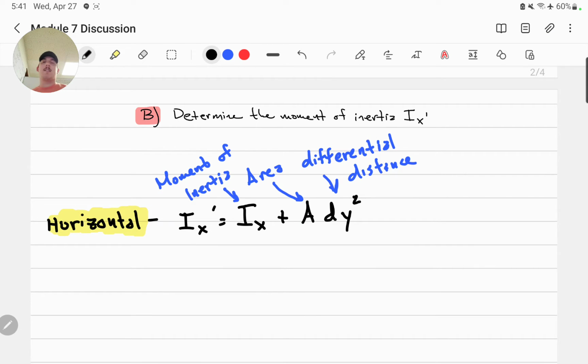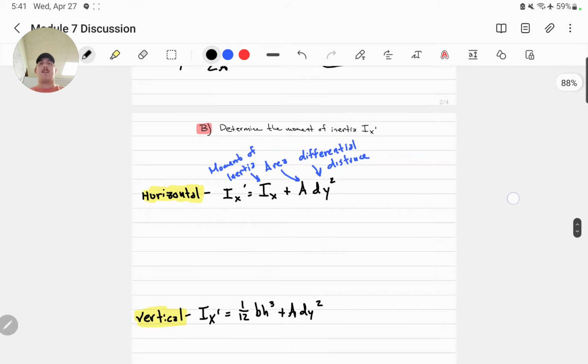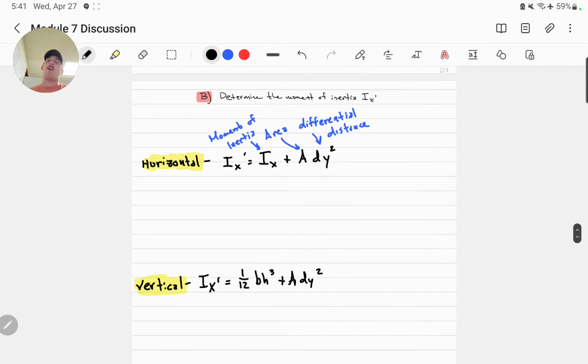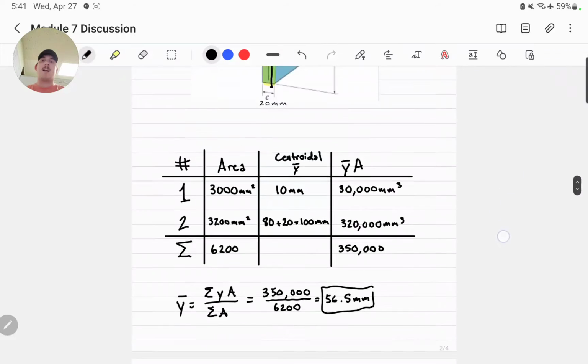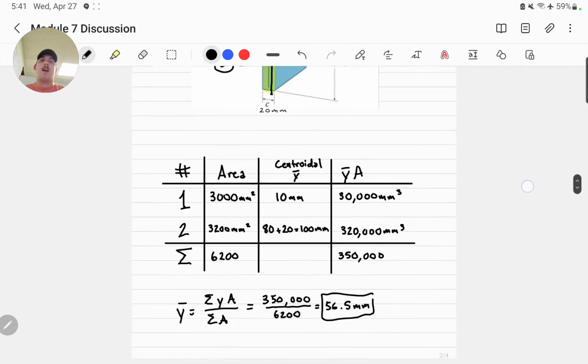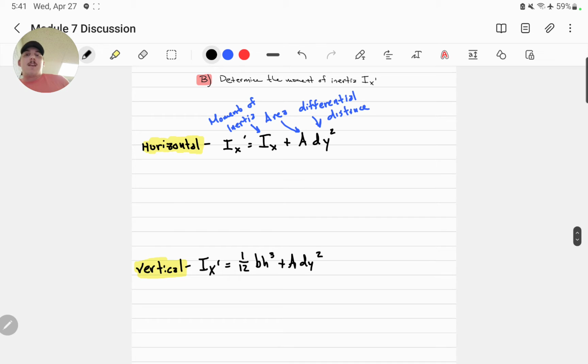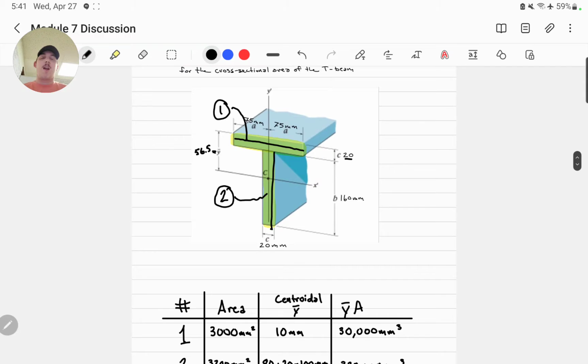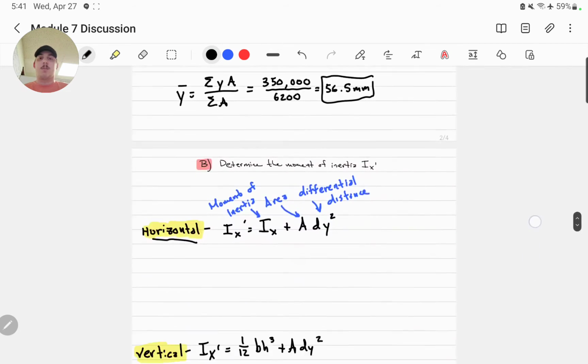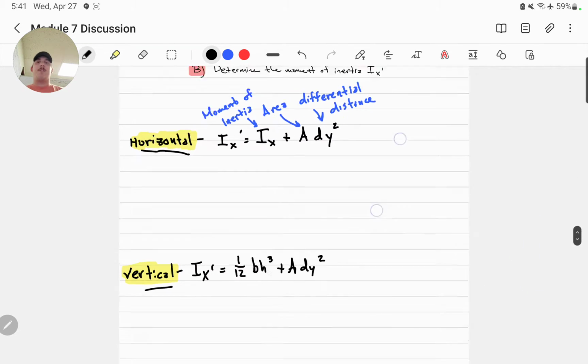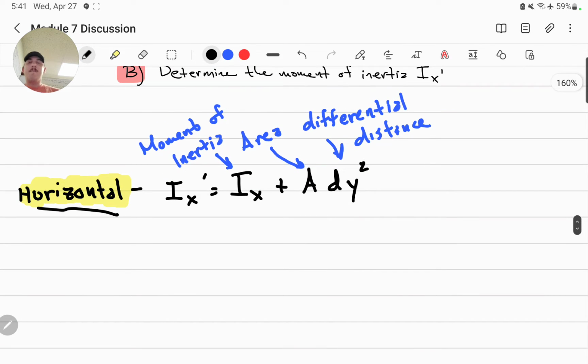All right, next is Part B, where I need to determine the moment of inertia. Like earlier in Part A, I broke my T-beam into two parts, and I need to do the same here. I've labeled them horizontal and vertical just for frame of reference. First up will be my horizontal portion of the T-beam.